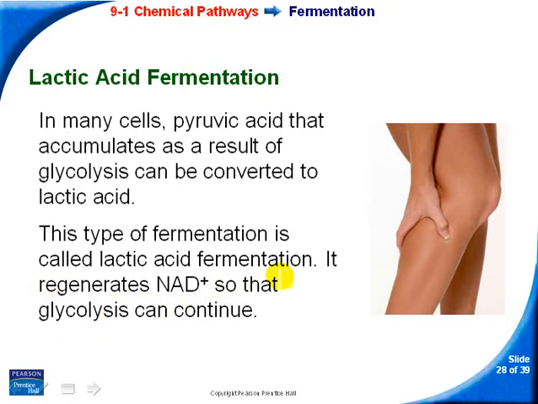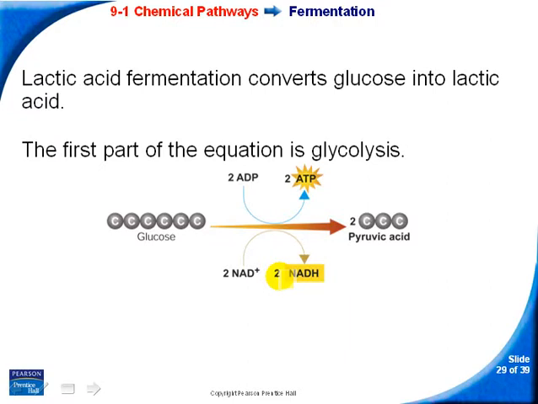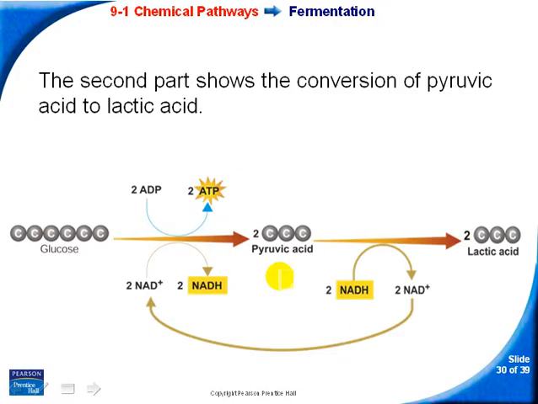The key to it is that you're running out of NAD plus to accept the high energy electrons. So you need to get rid of the high energy electrons, and so you're giving them to, in the case of alcoholic fermentation, you're giving it back to pyruvic acid, and in the case of lactic acid fermentation, you're also giving it back to the pyruvic acid.